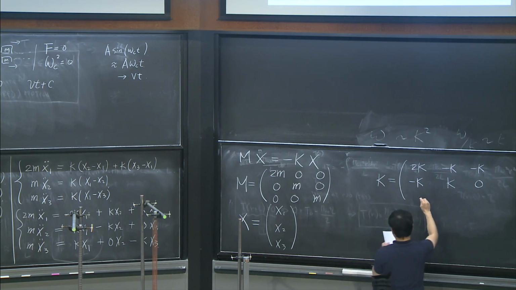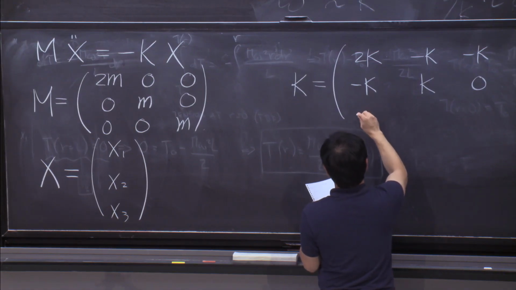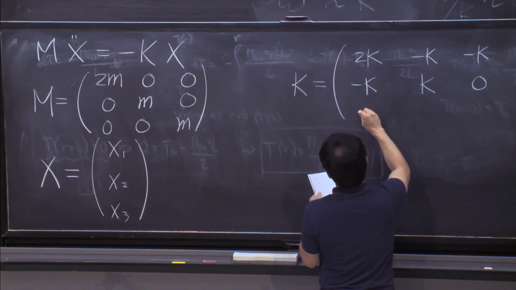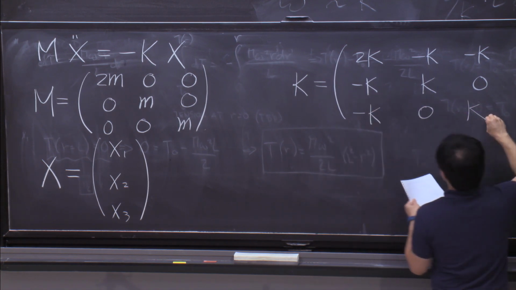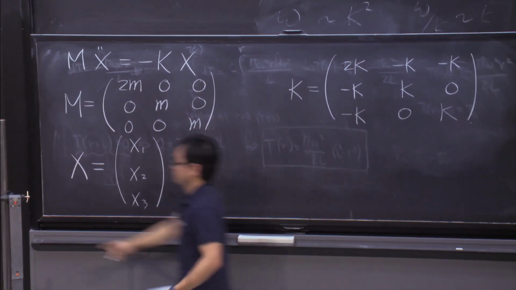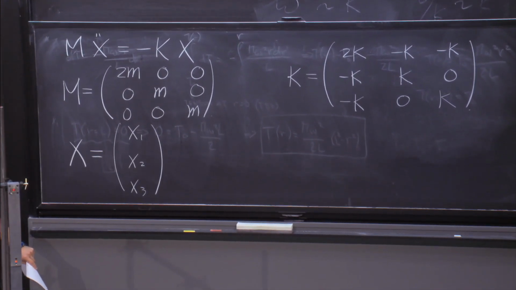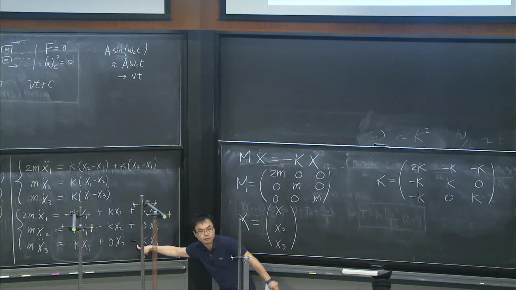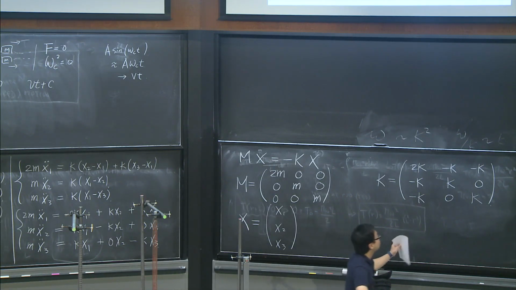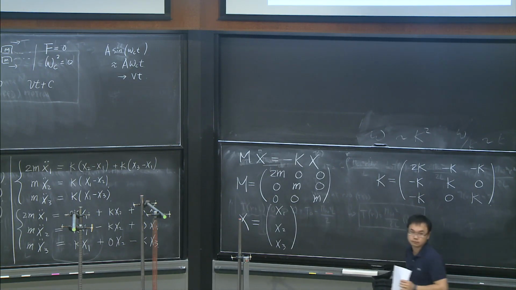And finally, you can also finish the last row. You get 0, minus K, K, right? Minus K becomes K, okay? So we have read off all those matrices successfully, right?